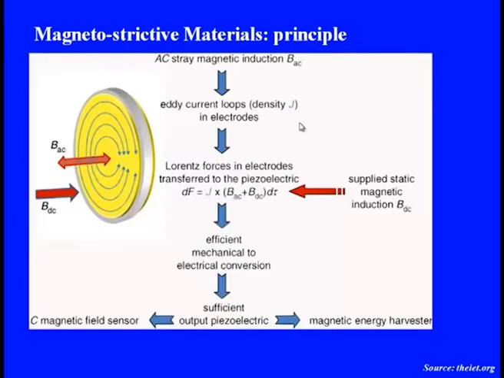Then we get a good output from the piezoelectric part, which can create a magnetic field sensor or magnetic energy transfer features. Whether we talk about the magnetic field sensor or its dissipation, it can be done immediately by these piezo features.